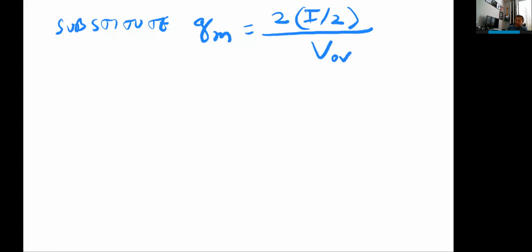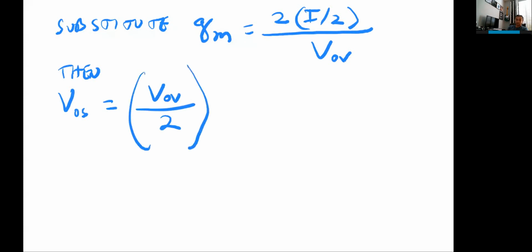And then I can have the offset, that offset voltage, a very similar result to what we got before.